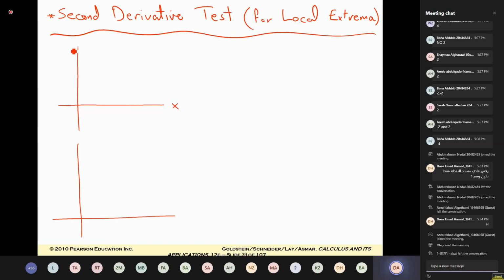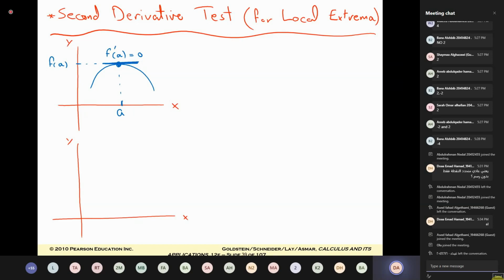If we have x and y and a curve like this at A, f of A, at x equal A we have a horizontal tangent line, so f prime of A equals 0 because this is the critical point, the tangent line is horizontal, so the slope equals 0.